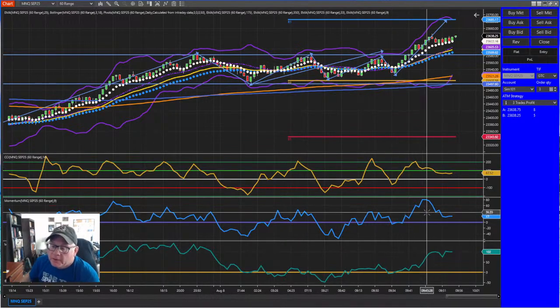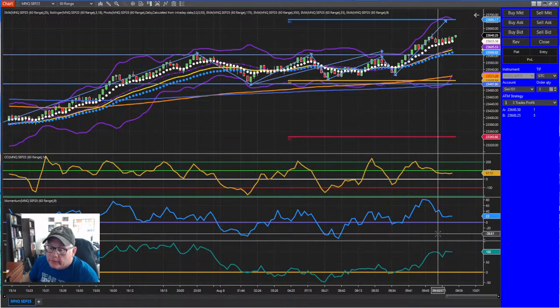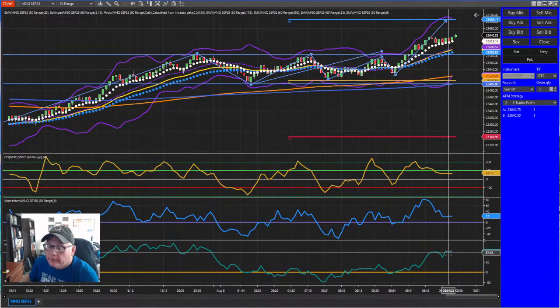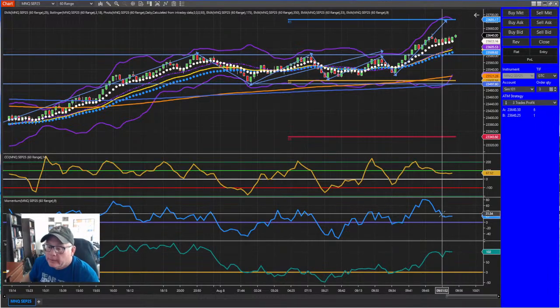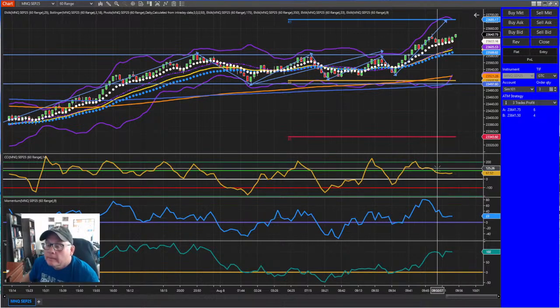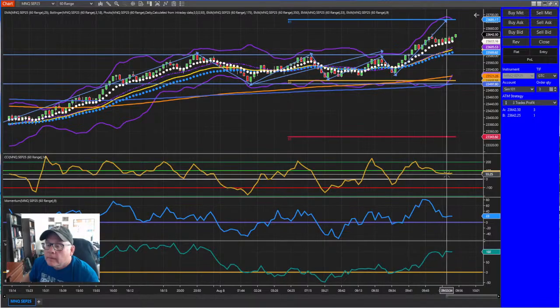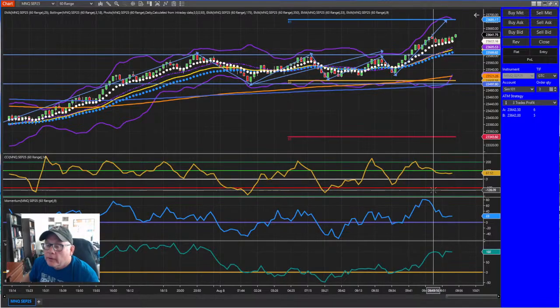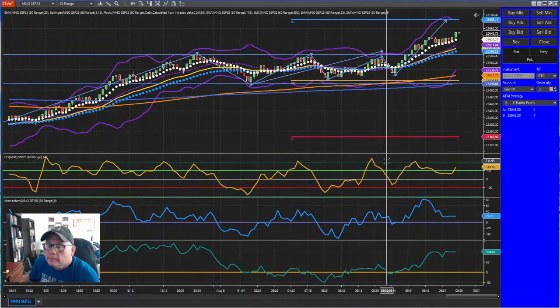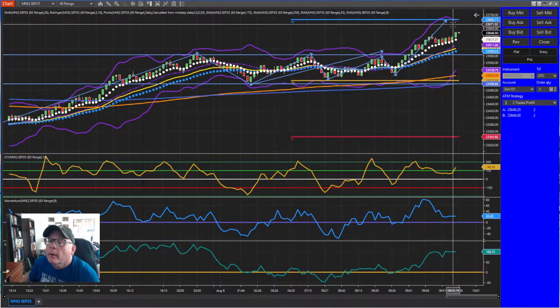Momentum indicator is showing, especially the higher one, 33 range, is showing a strong buy still. This one's a little bit weaker on the 9 momentum range. CCI is above the 0 line. Now we're going to go there, huh?